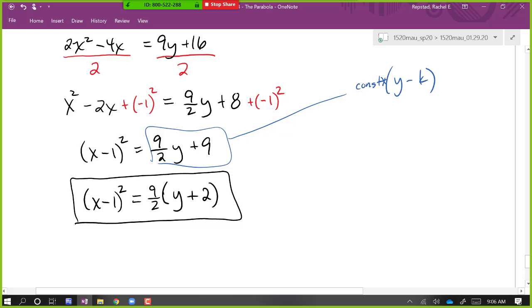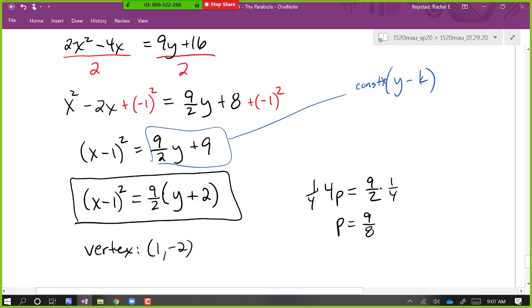And now we just want the vertex and focus. So what's the vertex? (1, -2). And then for the focus, we have to find P, which won't be that hard, and then use the fact that P is the directed distance from the vertex to the focus. So we know that 4P has got to be equal to 9/2, and if we multiply both sides by 1/4, P is equal to 9/8.